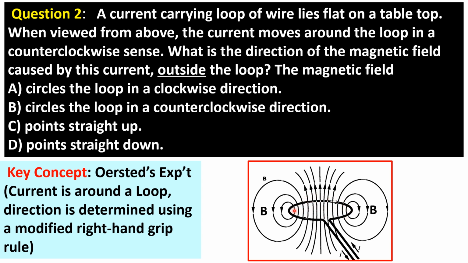So for example, at this particular point around the loop, you can imagine the magnetic field is directed in a counterclockwise manner.